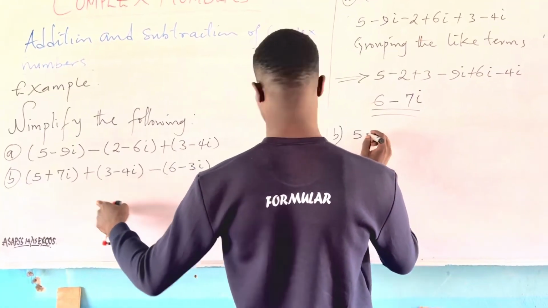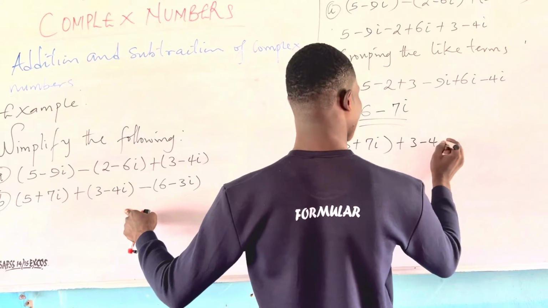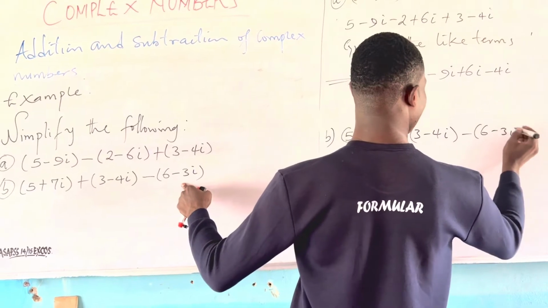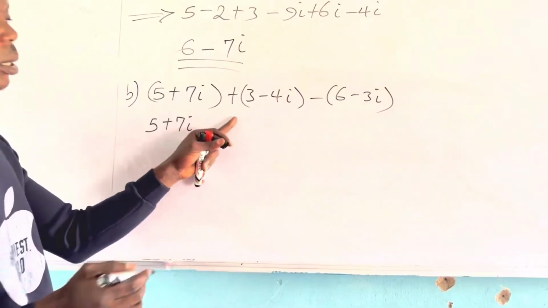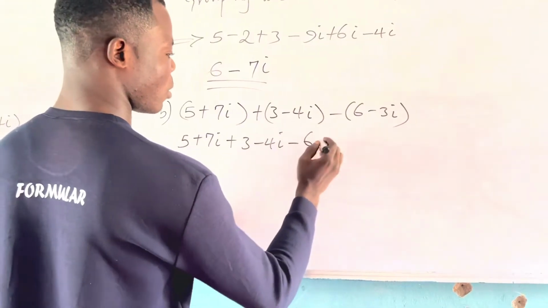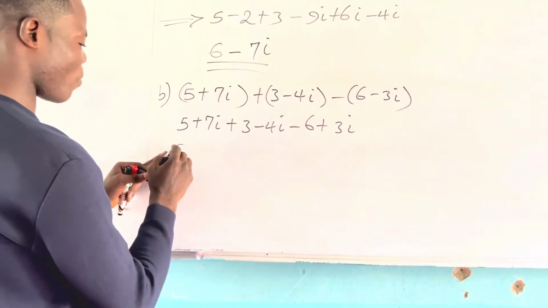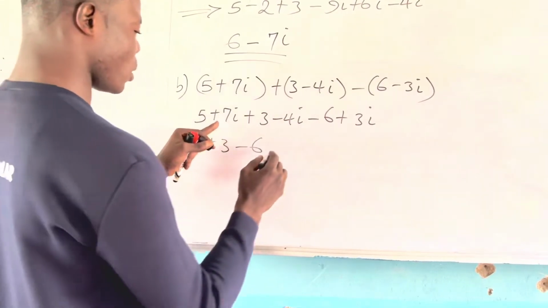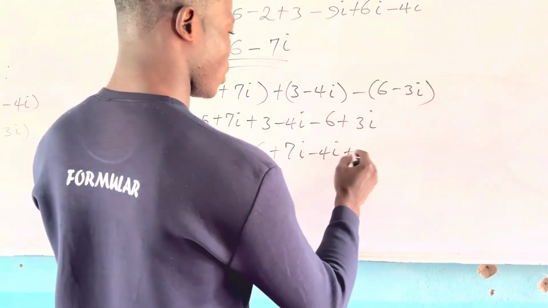So the second one, let's look at the second part of it: 5 plus 7i plus 3 minus 4i minus 6 minus 3i. So this will give you 5 plus 7i, so plus 3 minus 4i minus 6 plus 3i. So the real numbers will be 5 plus 3 minus 6, and the imaginary numbers are plus 7i minus 4i then plus 3i.